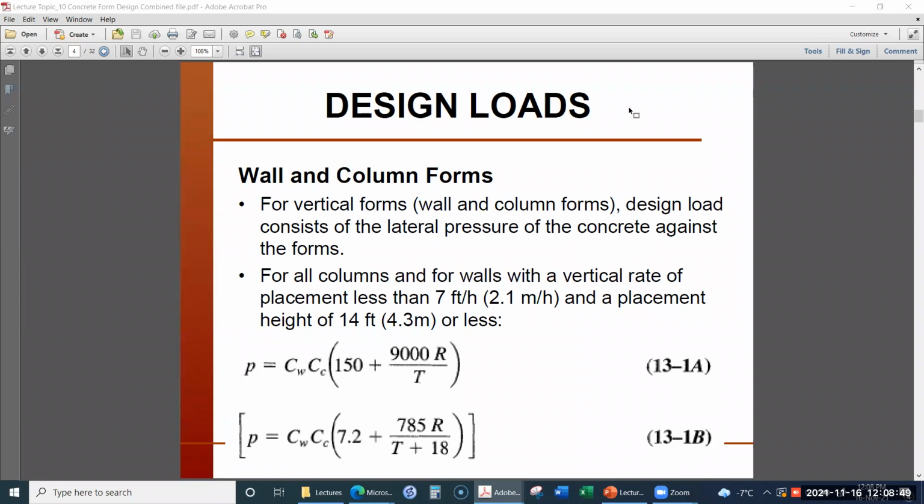For example, when there is a vertical form and the concrete is placed over here, the concrete will exert lateral pressure.